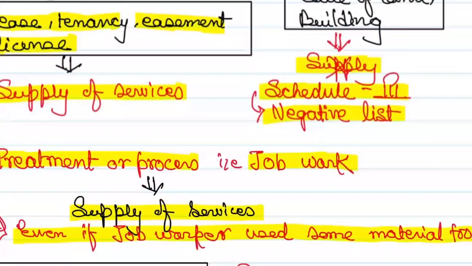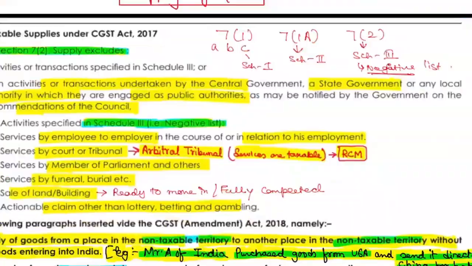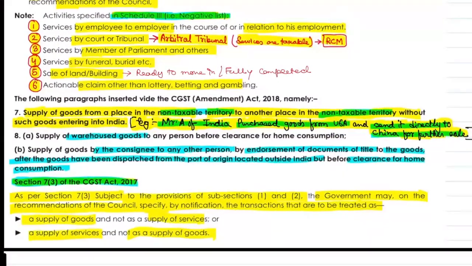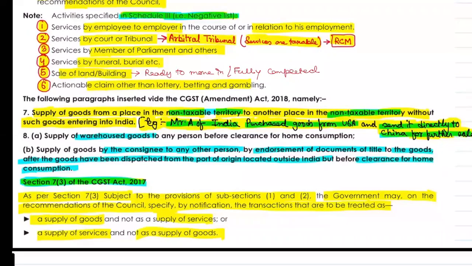See, I read it very slowly. Supply of goods from a place in non-taxable territory, that is USA in our example, to another place in the non-taxable territory, that is Sri Lanka in our example, without such goods entering into India. Is this clear now?